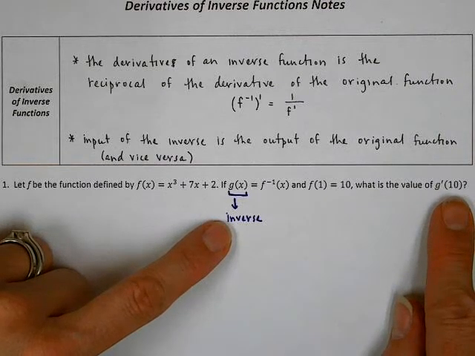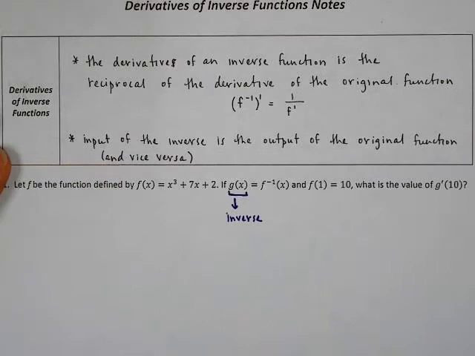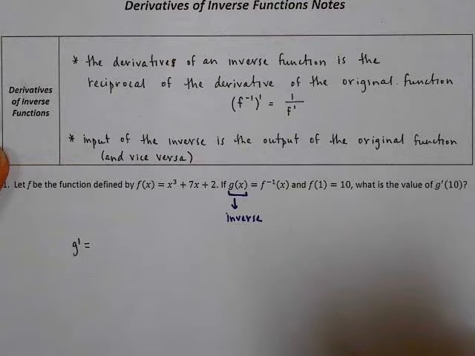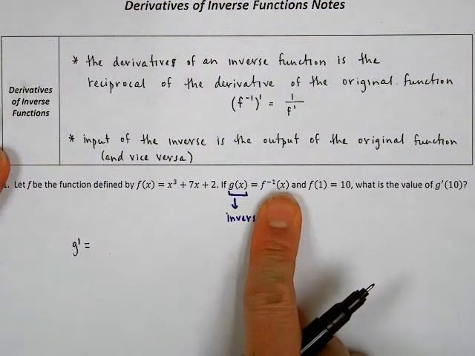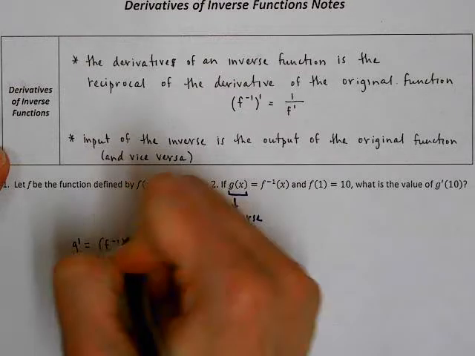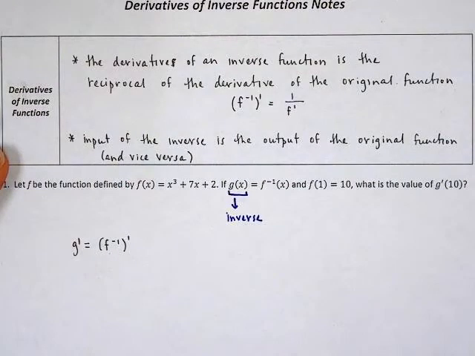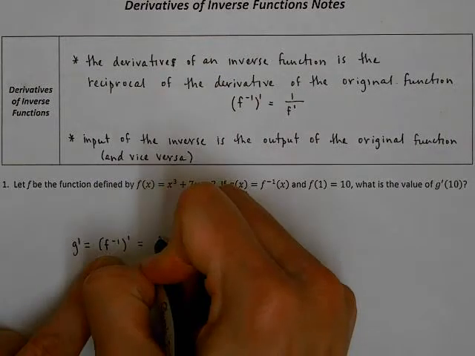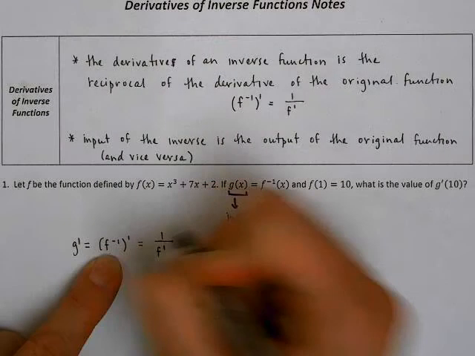So the first thing I set up is my reciprocal relationship. So I know that g prime is really equal to the derivative of the inverse. I know the derivative of the inverse is just 1 over the derivative of the original.